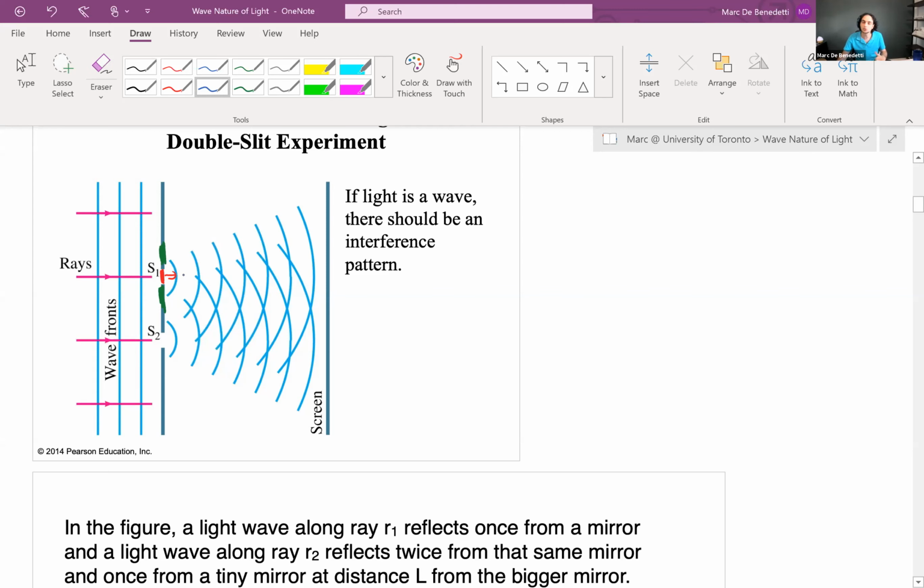So really what you're doing is you're turning one light source into 2 light sources. And the second opening acts in a very similar way, in that it's another source of waves starting out small and spreading out as they propagate forward.